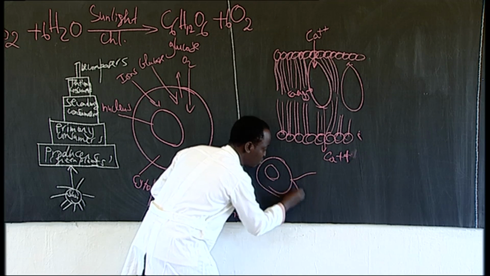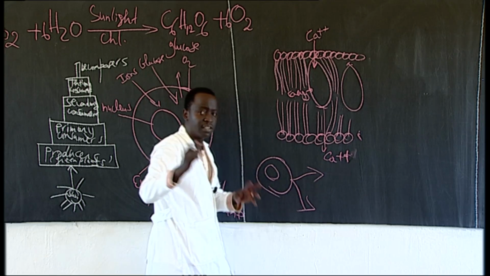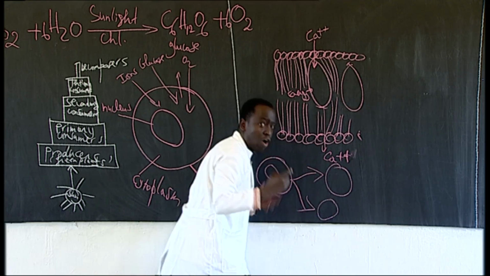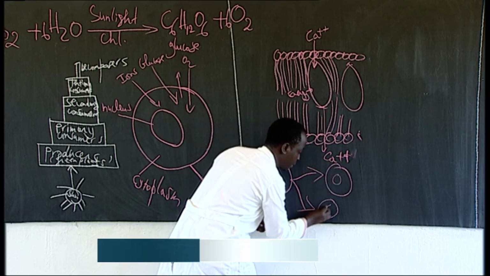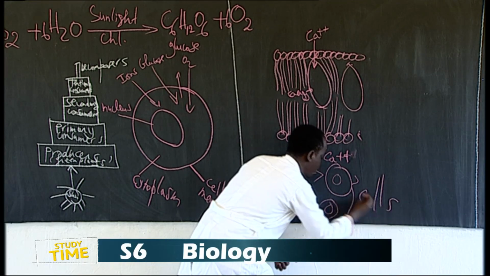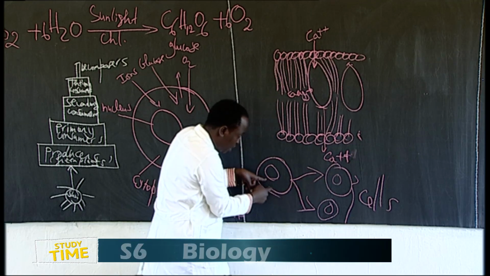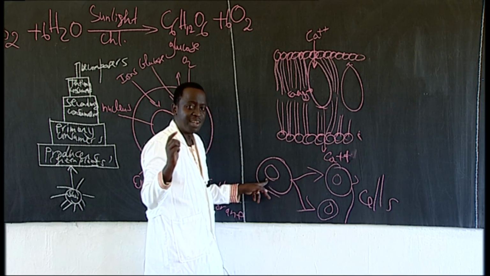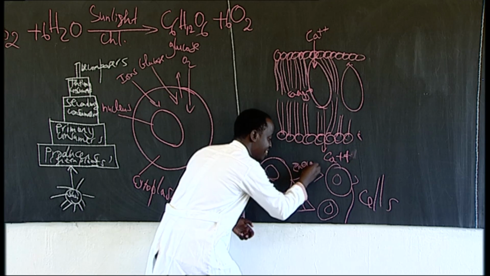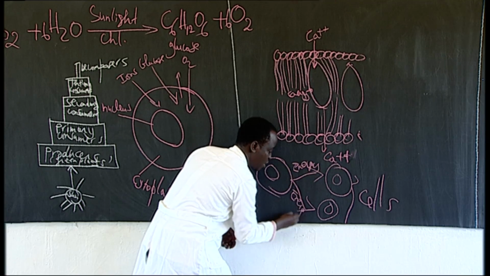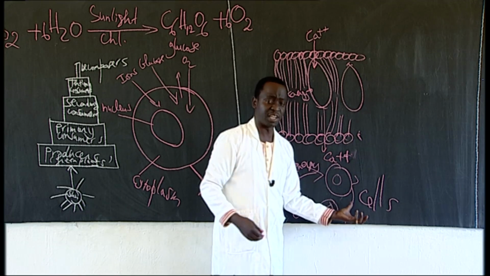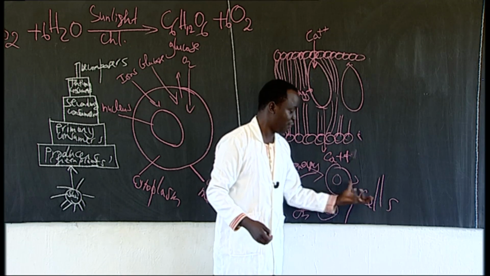Then this cell needs to be divided into two cells. This one cannot be divided when it does not have what? The energy. Energy is needed to get two cells. Even two cells will be divided to be four cells.